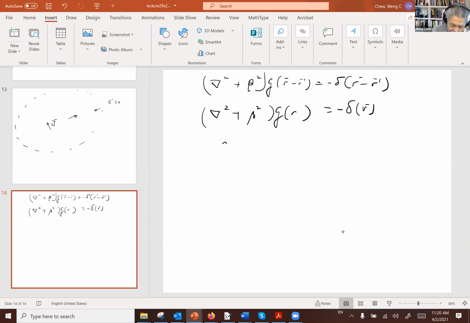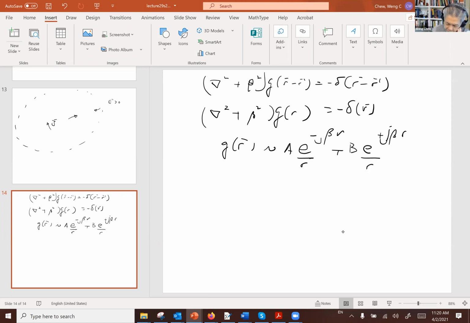We found that our G actually has two possibilities. One is an outgoing wave solution, and the other one is an incoming wave solution. And we use the physical argument that only the outgoing wave solution is possible for this problem. And hence, we set B equal to 0 to guarantee uniqueness. Otherwise, this problem has no unique solution. So that was one way. We enforce the solution to be an outgoing wave.